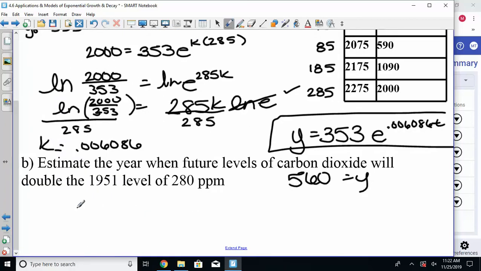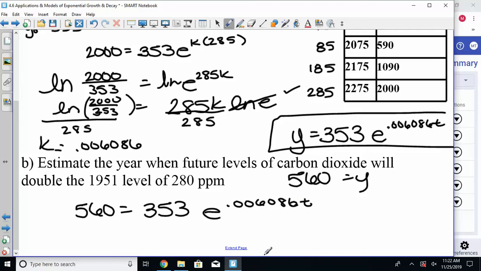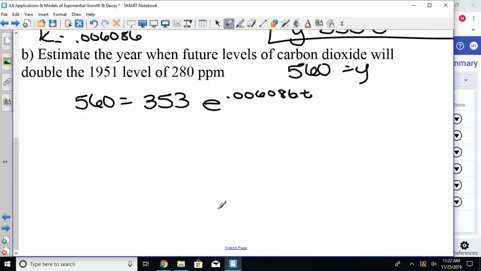If I plug that in for my y, so 560 equals 353 e to the kt. What do we do first?